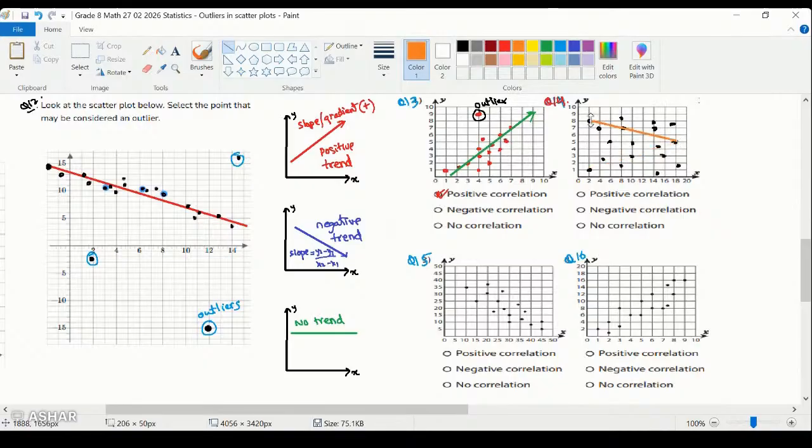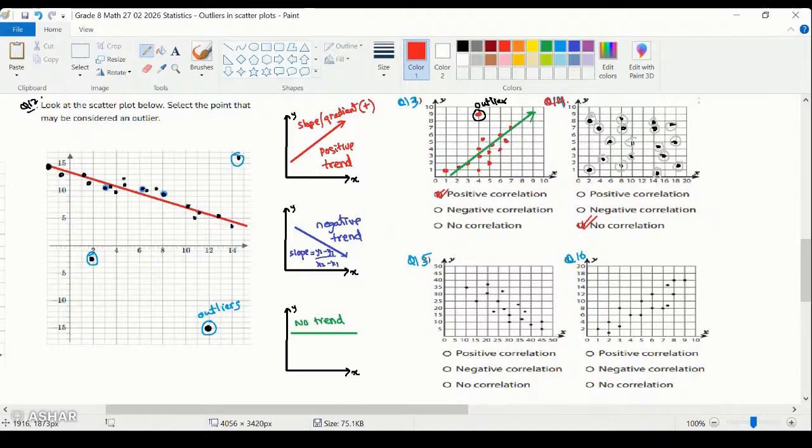If I make a line like this, it's still passing through 2 or 3 points, right? So all the points given to us are scattered randomly throughout the grid, and we do not see any pattern in this case. So we say that there is no correlation. There's no link between the x-axis and the y-axis, right?